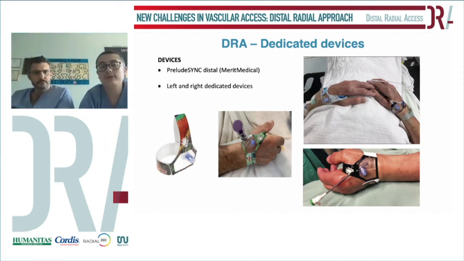The very good thing about this device is that it can adapt to the snuffbox puncture site or even to a distal puncture site, while the TR band, even if modified, is not really suitable for a distal puncture site because we had some failures. So we prefer to avoid the modified TR band for distal puncture sites.